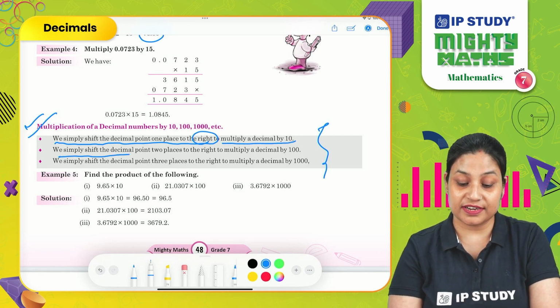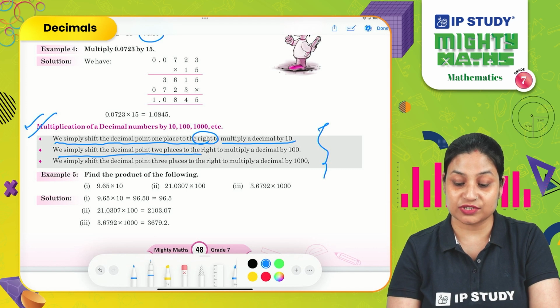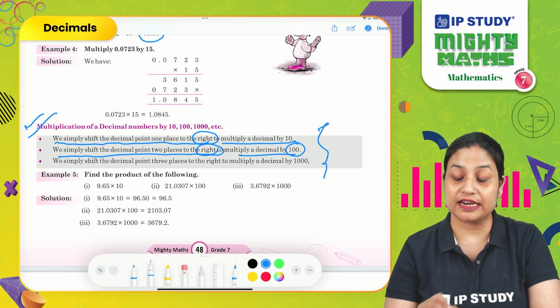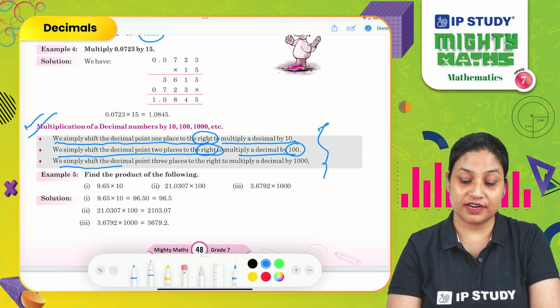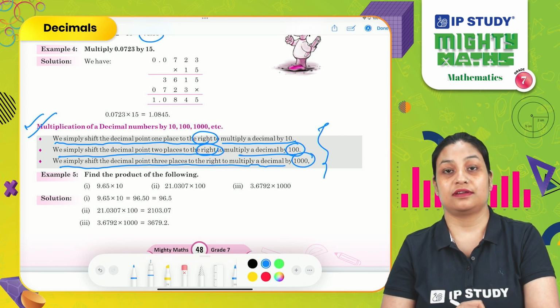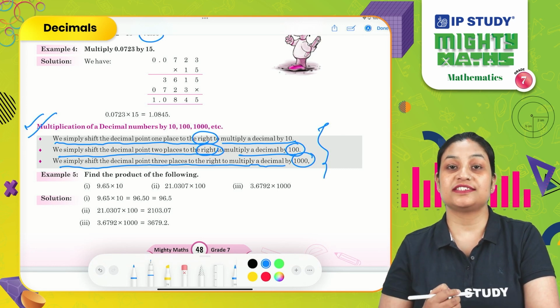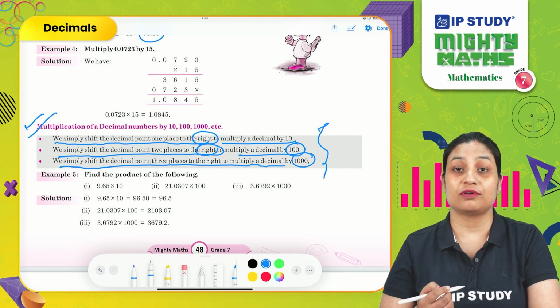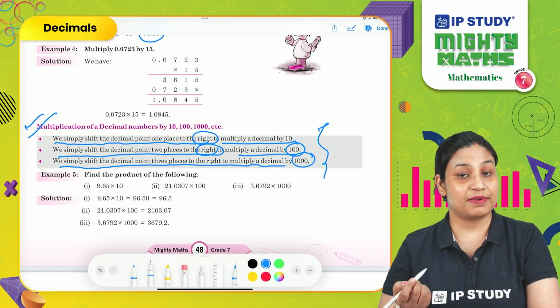We shift the decimal point 2 places to the right to multiply a decimal number by 100. And we shift the decimal point 3 places to the right to multiply a decimal number by 1000. In order to understand these three conditions, let's take some examples.